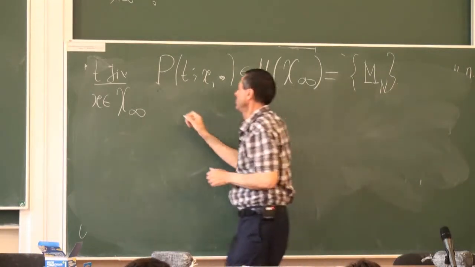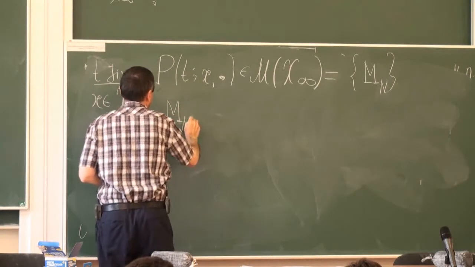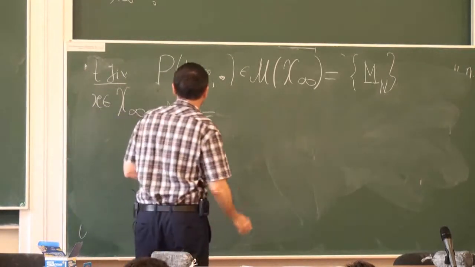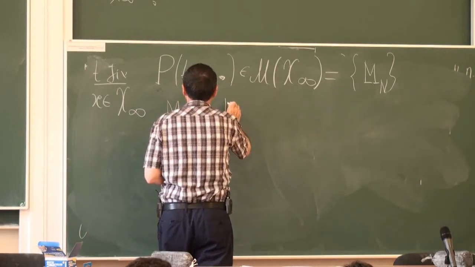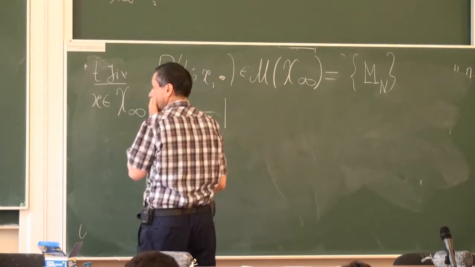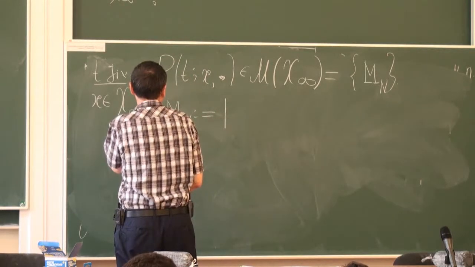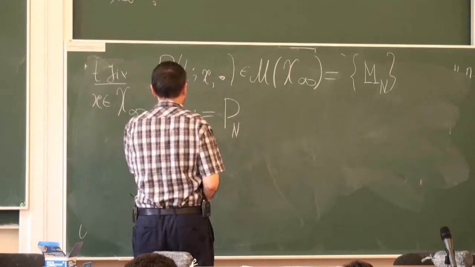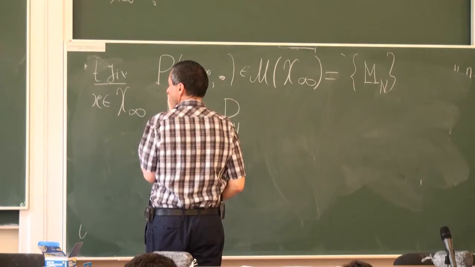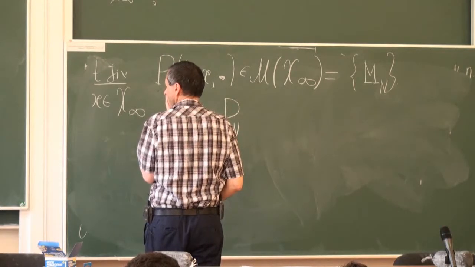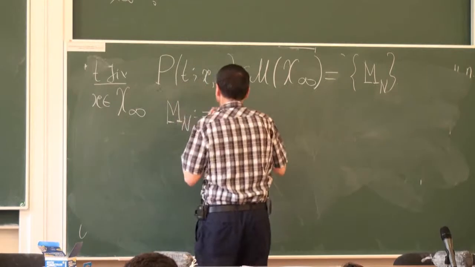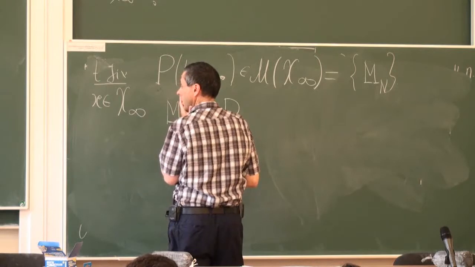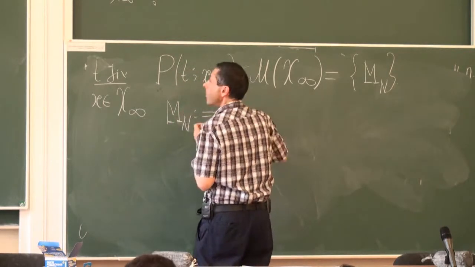And by definition, we say that the measures m sub n are as follows.